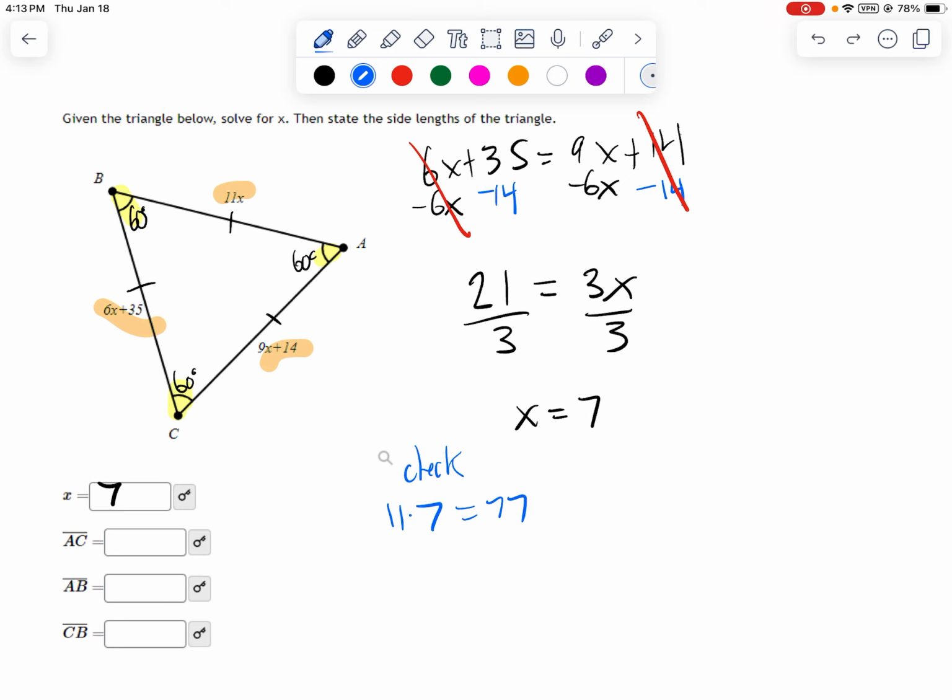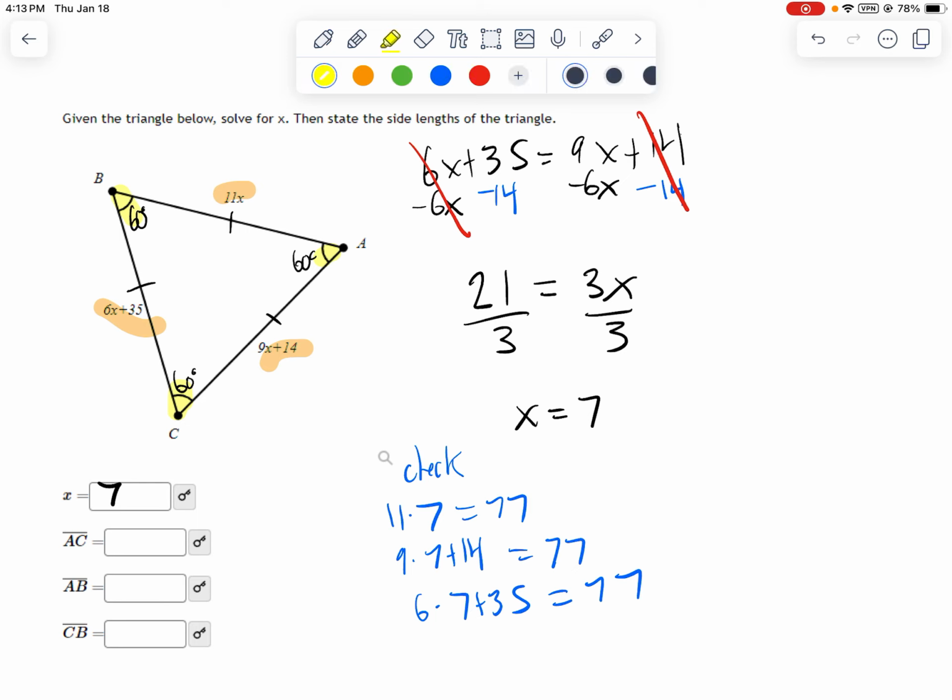Next one we have 9 times 7 plus 14. 9 times 7 is 63, plus 14 gives you 77. Yay! Works out. Last but not least, we have 6 times 7 plus 35. 6 times 7, 42. Plus 35, 77. They're all positive numbers, which means 7 is a valid solution.